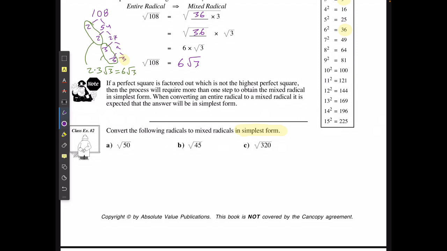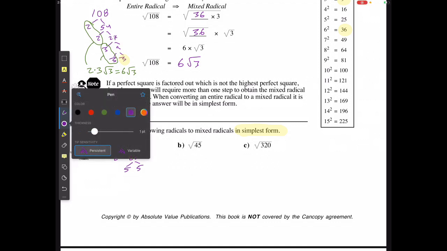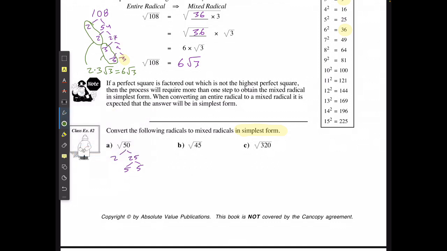If I want to use a factoring tree method, it's going to be 2 and 25, and then 5 and 5. So I have a set of 2 5s, and one of those 5s is going to make it outside the radical, and the 2 that's by itself has to stay inside the radical, so that'd be 5 root 2.